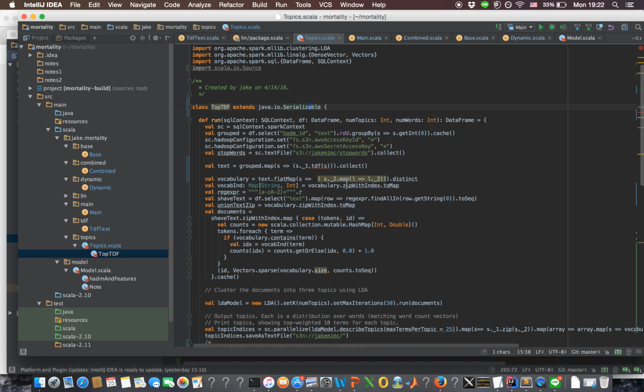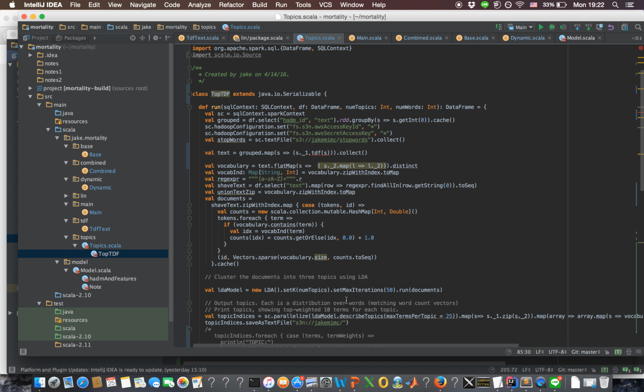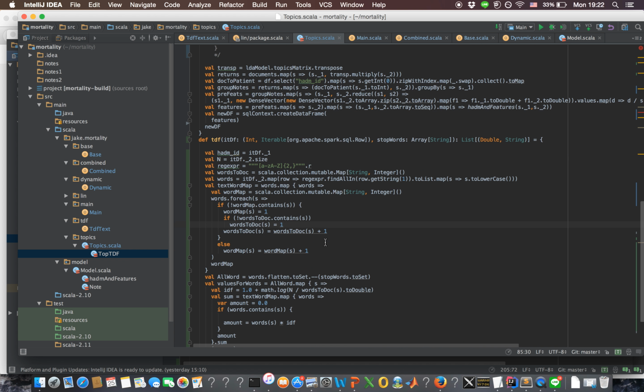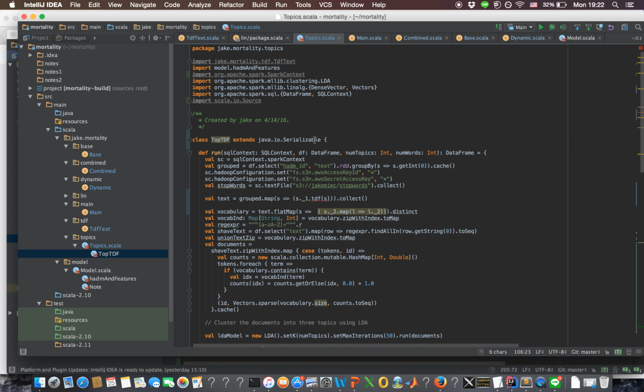So I had to make my own, and I don't know if it works, but I did it, and I'm proud of myself. So good for me. Then I took the 500 best features for each patient, and I made it serializable. So now it can run on every node at the same time.